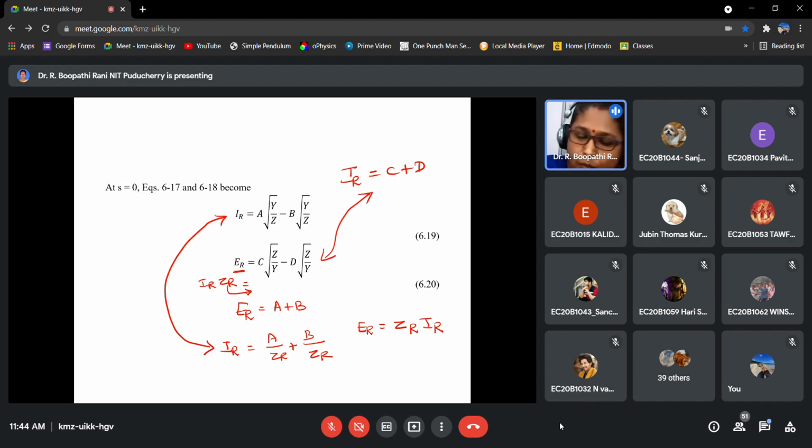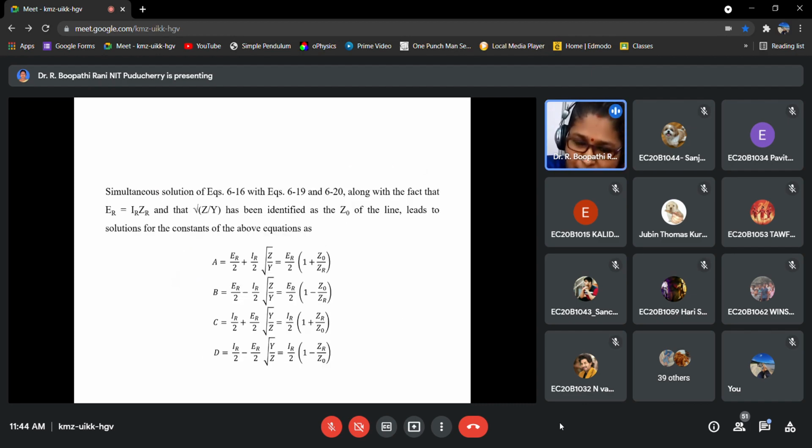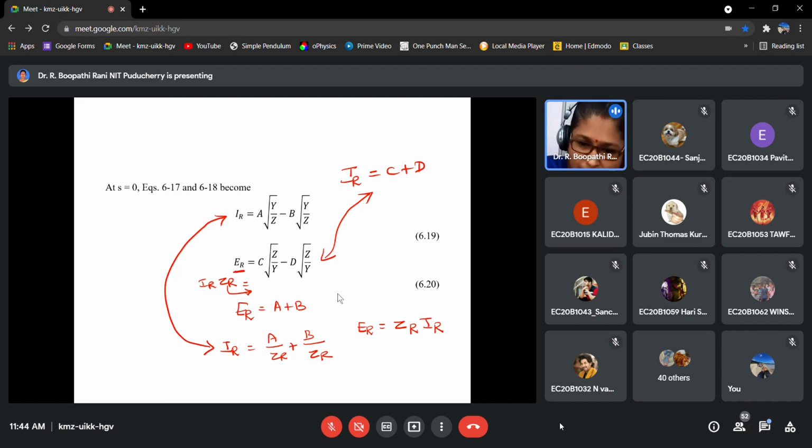So solving these, you will get the expressions for ABCD, and those can also be simplified to this form. Up to now, we have seen the procedure for how to find the expressions for ABCD.